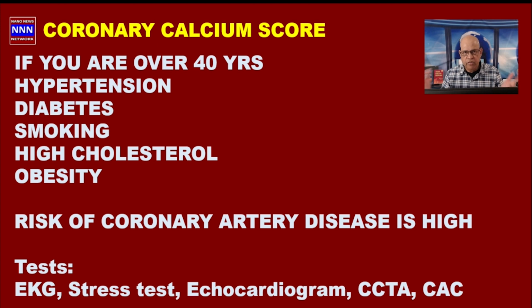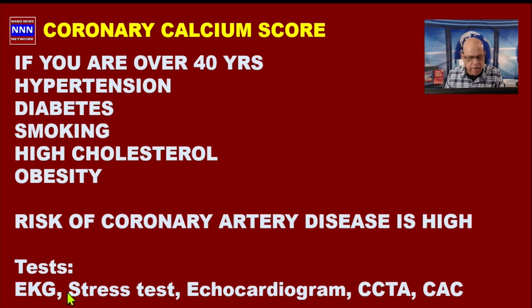For various reasons, you may not be able to do an exercise test, and the other option is to do a chemical stress test, including imaging like nuclear stress test, which is going to be quite expensive. One of the alternatives is, in addition to these tests, we can use coronary calcium score to determine the risk that is involved in terms of developing coronary artery disease.